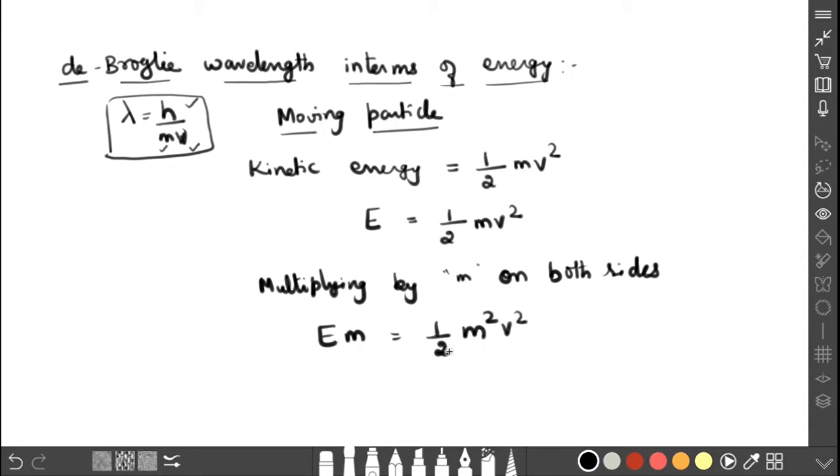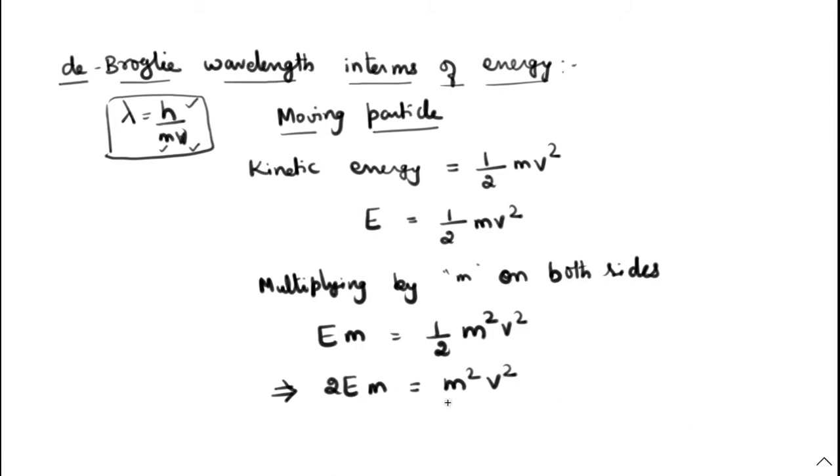Now you listen, this 2 I am going to take here. So 2Em is equal to m square v square. Now this term I am going to take it here, so m square v square is equal to 2Em. Next one is taking the square root. The next page I will go.